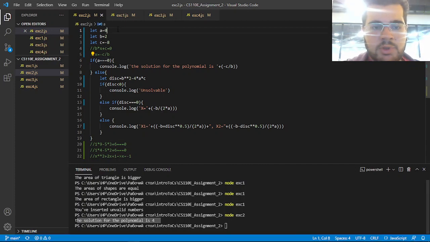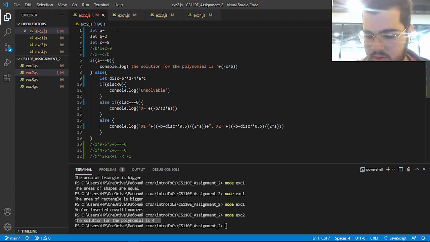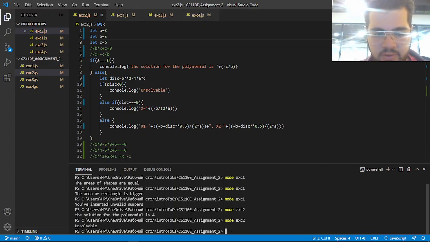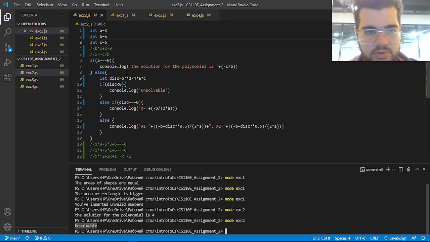If we type something like 3 for a, then 5, and then 6, you'll see that the equation is unsolvable, which is also true.